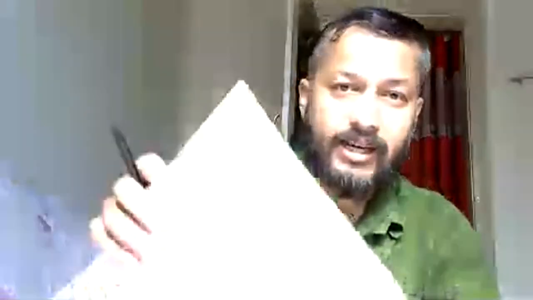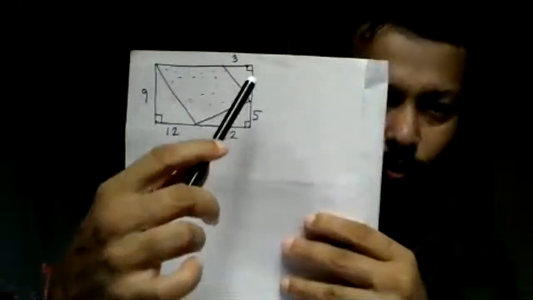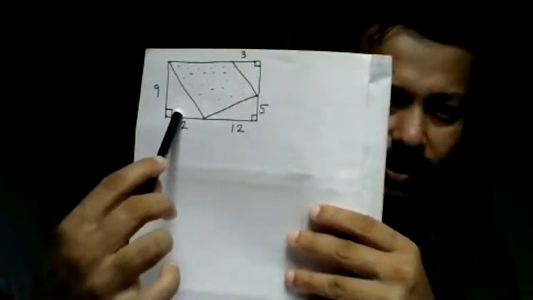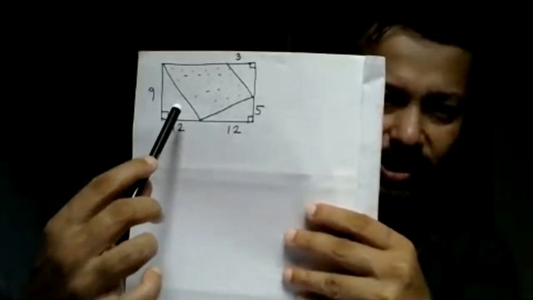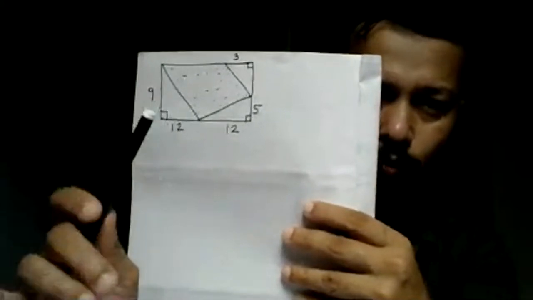How many triangles are there? 1, 2, 3. So all these triangles' area we have to find.